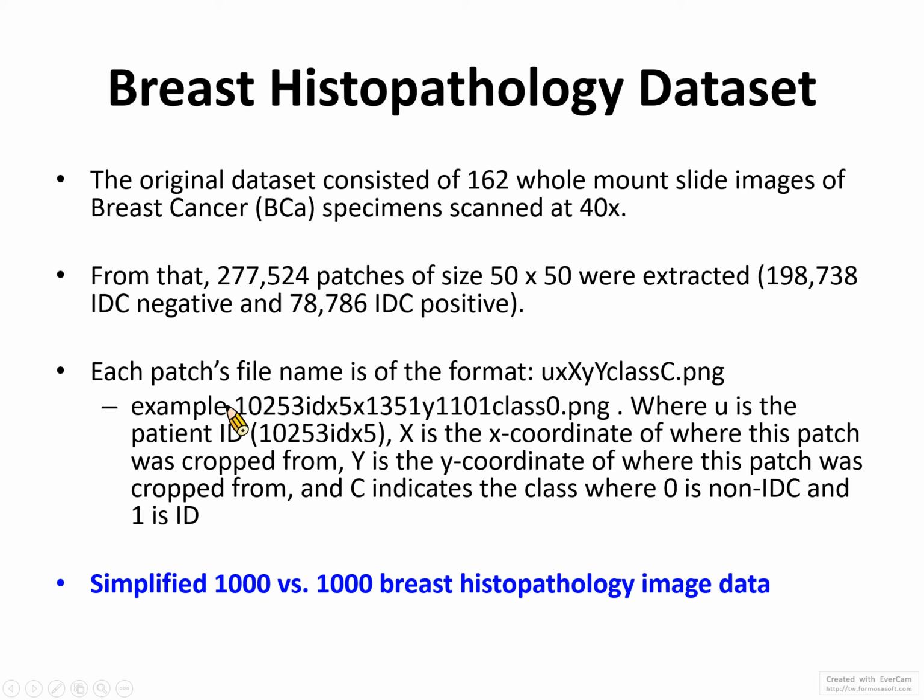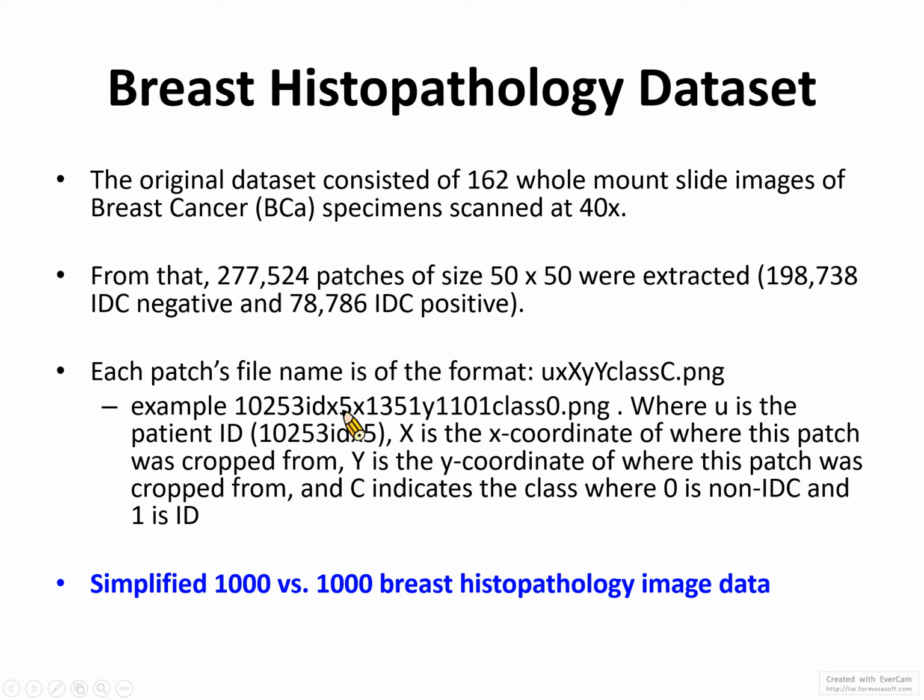Okay, so each patch's file name is of a format like this one, so you can easily identify the details of the file. For example, the u means the patient ID, the x means the x coordinate of where this patch was cropped from, and y is the y coordinate of where this patch was cropped from.